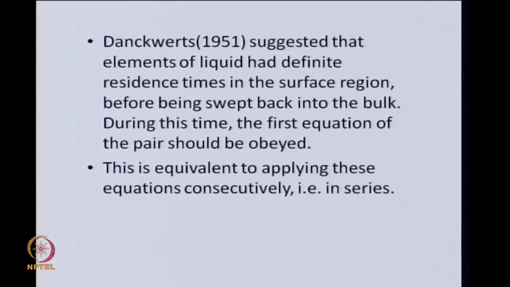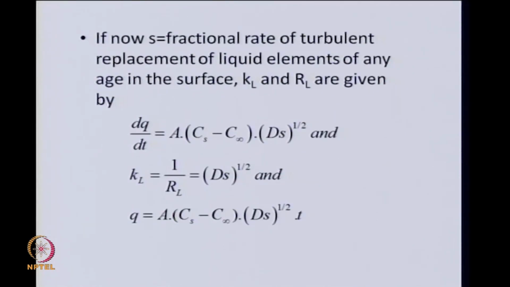It is equivalent to putting these equations in series, and if you do that, then you need a new parameter S, which is the fractional renewal rate. What surface fraction is renewed every second, that is S. If you allow for that, then a stationary age distribution could be derived as S e power minus St, and then the ultimate result gives you the rate of absorption as dq by dt equal to A times (Cs minus C infinity) square root of DS, where S is the fractional surface renewal rate and Kl is square root of DS.